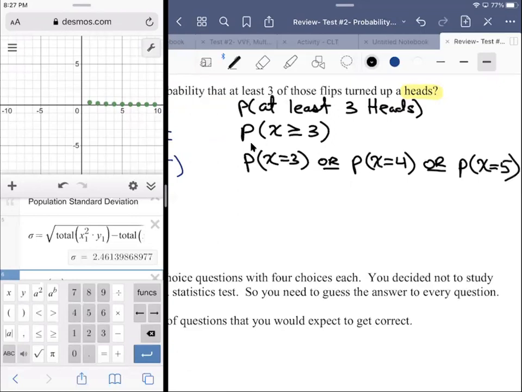Because again, it's 3 or more, greater than or equal to 3, at least 3. But there is a maximum because you're only flipping the coin 5 times. So it's a maximum of 5 flips.